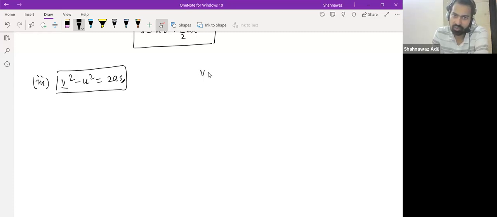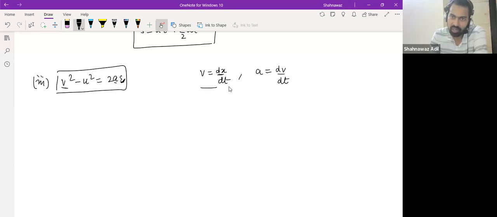We have v, which is dx by dt, and we have a, which is dv by dt. So we have this distance, this velocity and this acceleration.